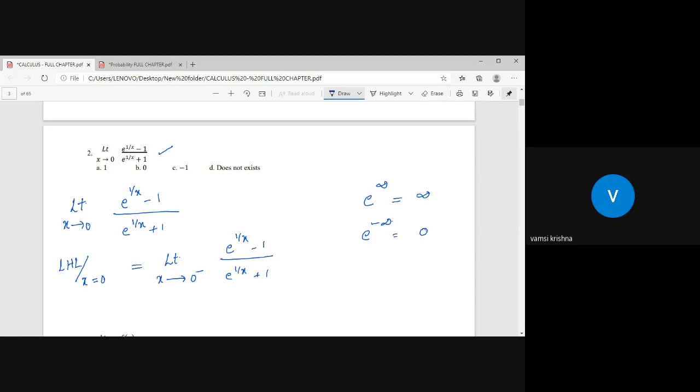And I know that when x tends to 0 minus, if I substitute a, then I have to take f of a minus h. Yes sir, when you are doing the left hand limit, you need to take f of a minus h. Here a is nothing but 0, so f of 0 minus h equals f of minus h.